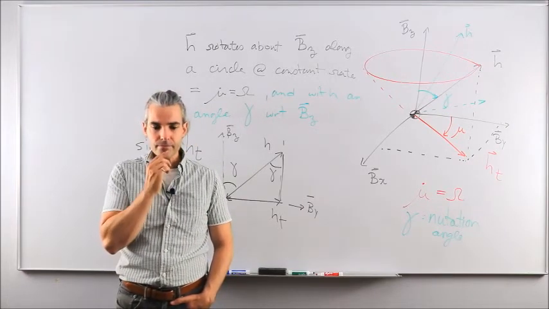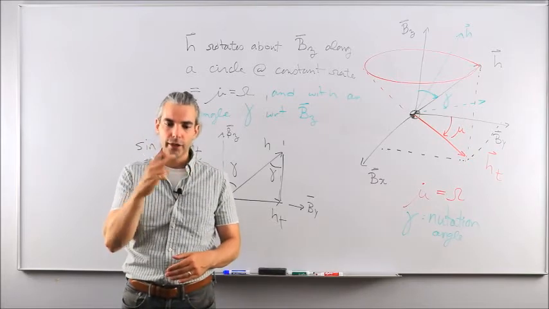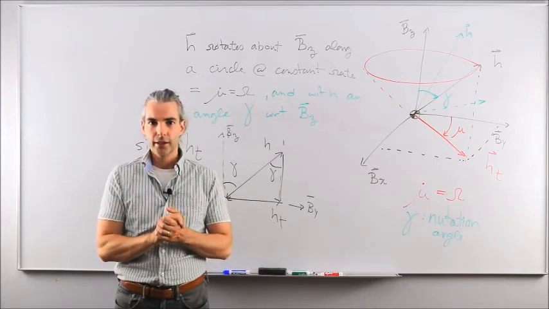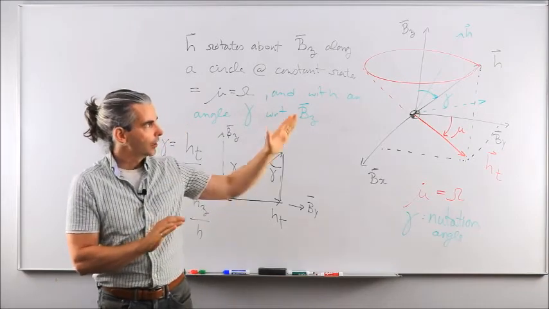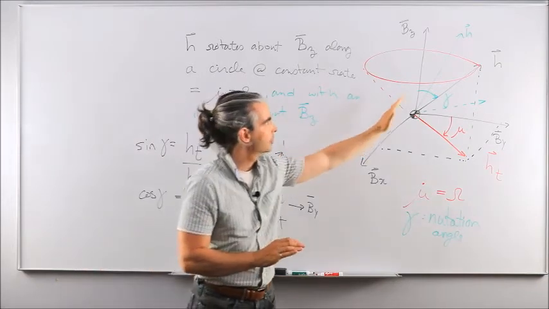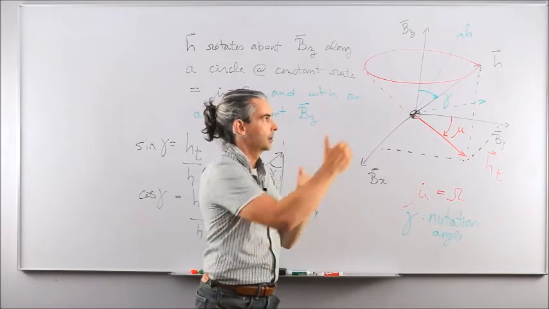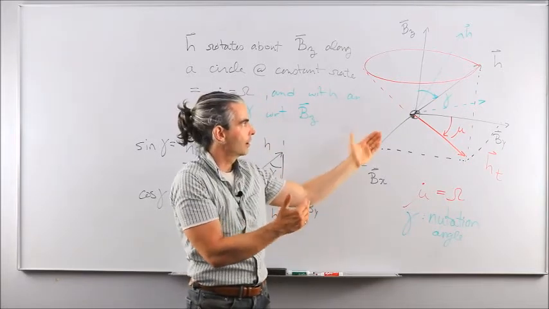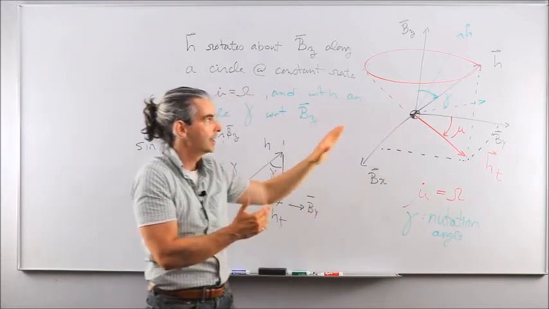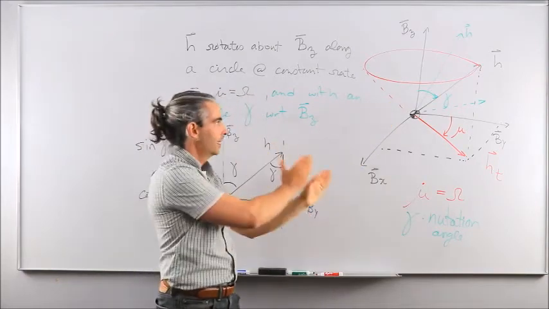Okay? And that those two vectors are moving at a constant rate. The only difference is the angle that those two vectors make with respect to BZ and their respective magnitude. Those two things are different between angular velocity and angular momentum vectors. Still, their motion is exactly the same.